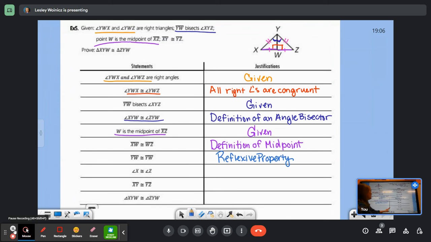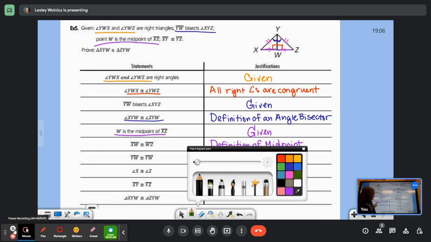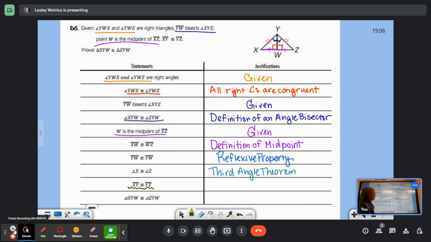Okay, we know that angle X is congruent to angle Z by the third angle theorem. And then we've got segment XY congruent to segment YZ.